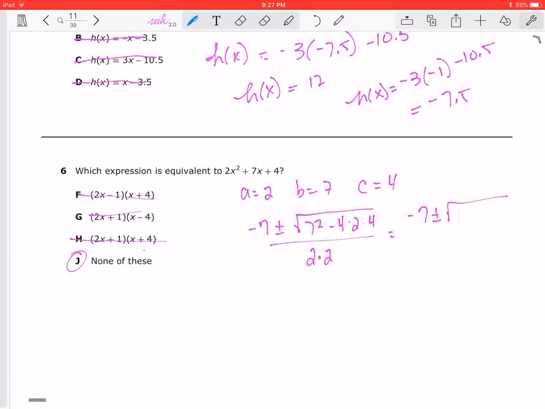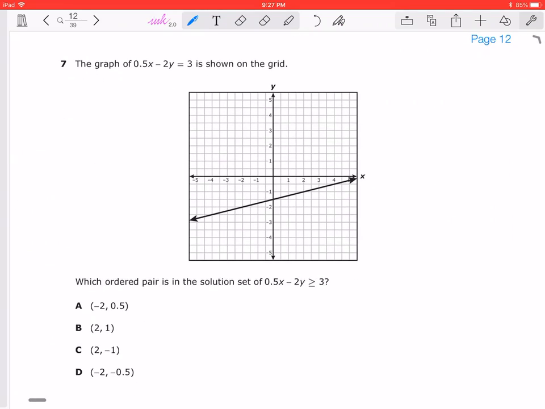So that's going to give me negative 7 plus or minus the square root of 17 over 4. Well, look, 17 is not a perfect square, so that's going to give us a decimal number. That tells us that the answer choice is none of those answers.